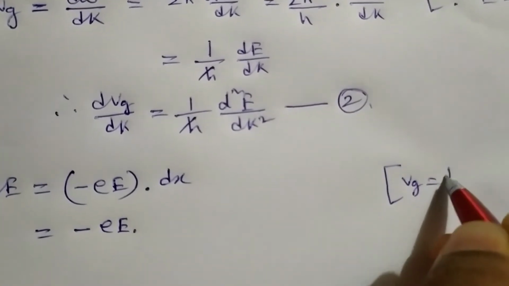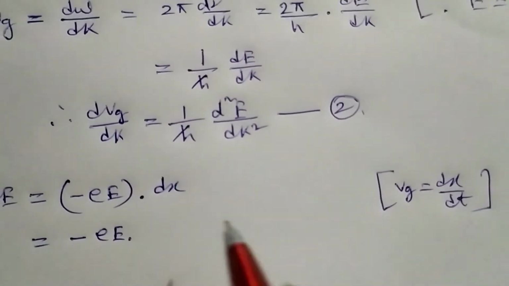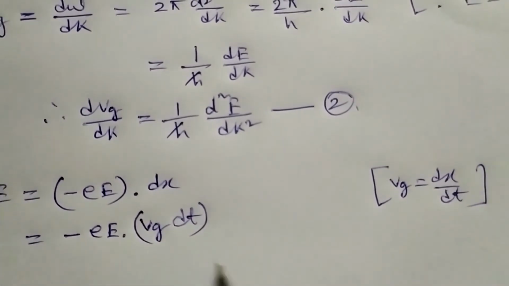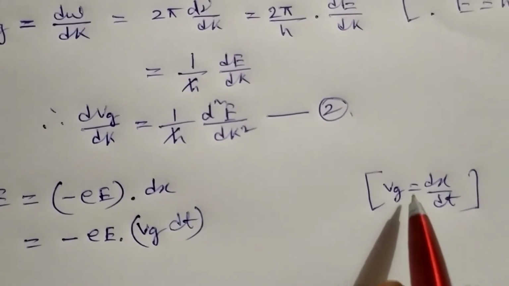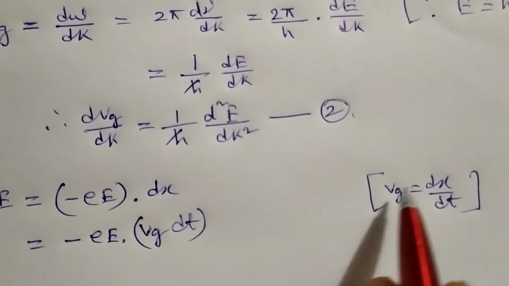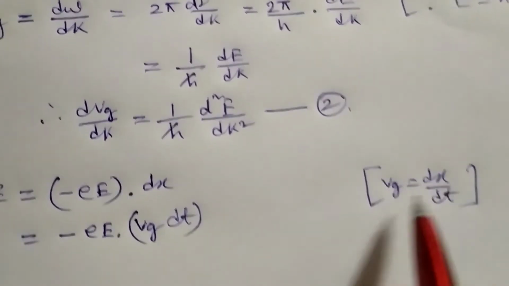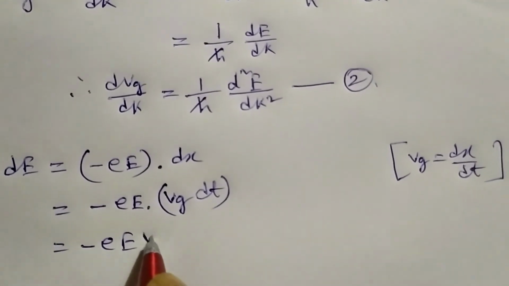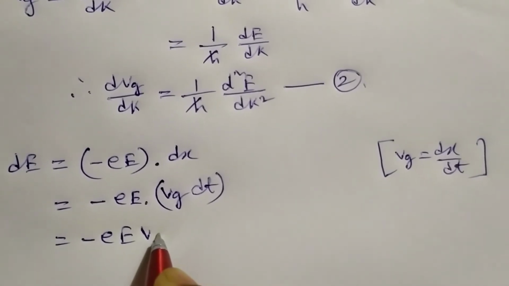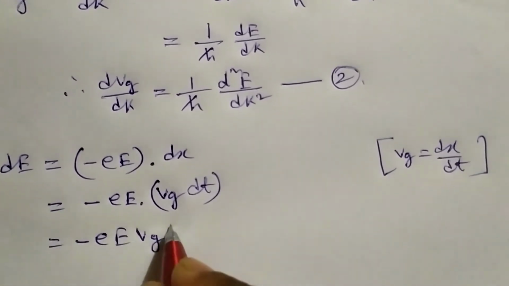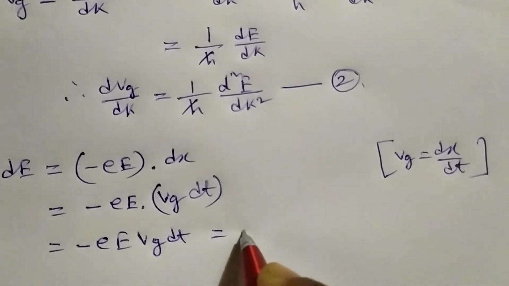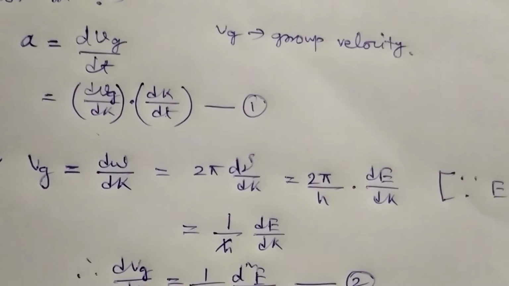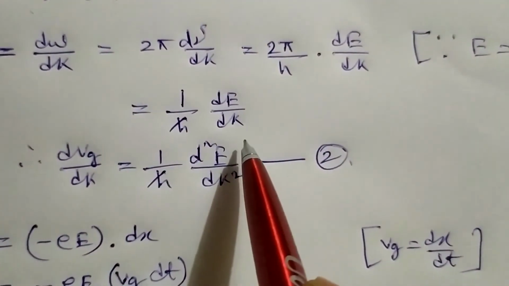Since Vg equal to dx/dt, we can write dx equal to Vg dt. Vg is the group velocity, which is exactly equal to the particle velocity, that is the electron velocity. So we can write minus eE Vg dt equal to dE. What we have obtained for Vg, what is the expression for Vg? It is 1 by h cut dE/dk.